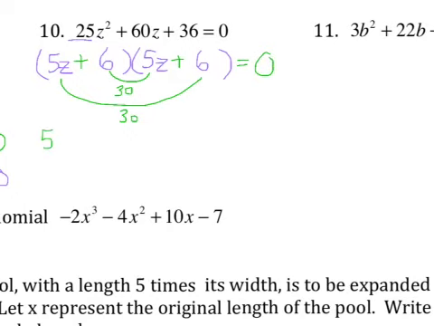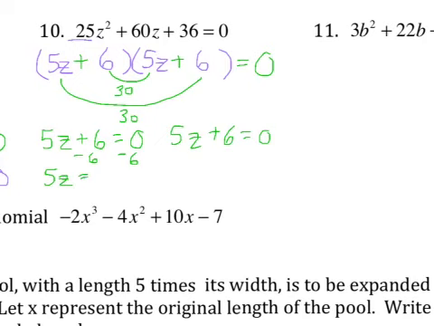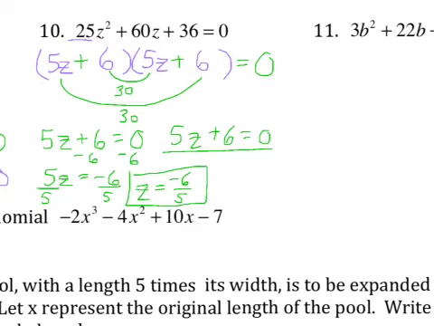So now I'm going to take both of my factors and set them equal to 0 and solve. So I have 5z equals negative 6, and after I divide by 5, I have z equals negative 6 over 5. Since this equation is the exact same, I know that I'm only going to get one answer, and it's z equals negative 6 over 5.